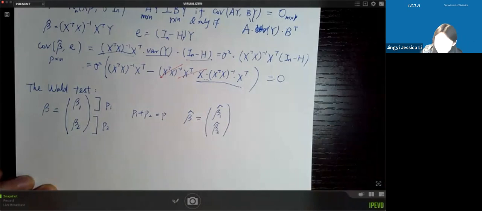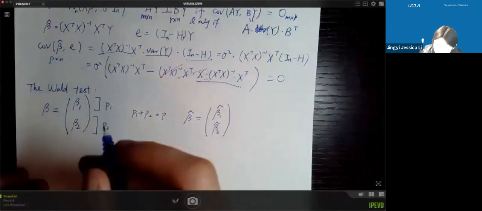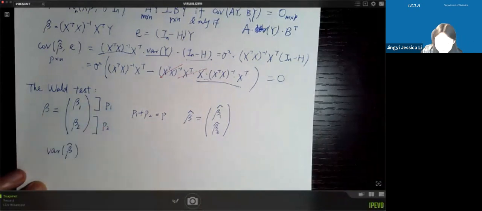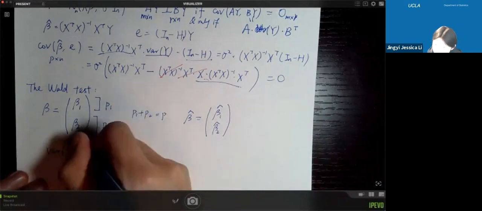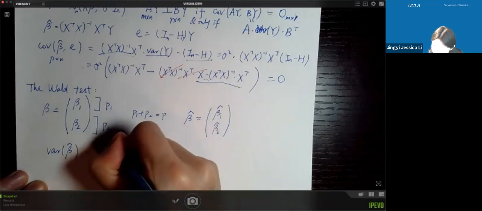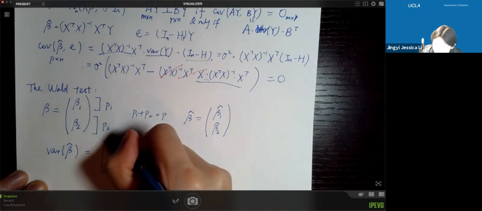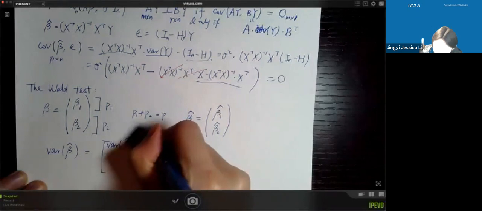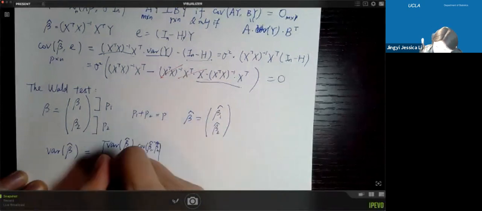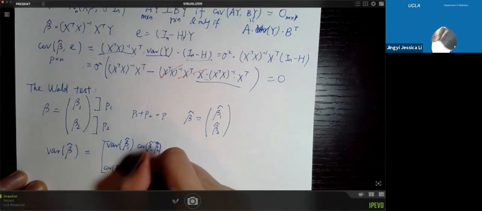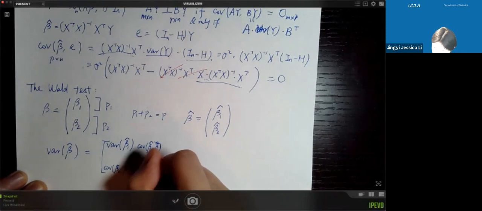And I can write the covariance matrix of beta hat as a 2 by 2 block matrix: the covariance matrix of beta 1 hat, the covariance between beta 1 hat and beta 2 hat, the covariance of beta 2 hat and beta 1 hat, and finally the covariance matrix of beta 2 hat itself.